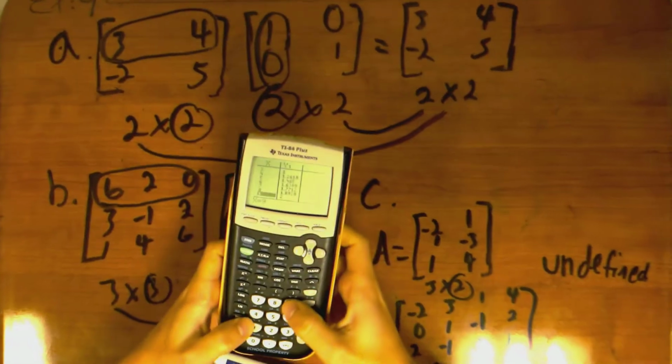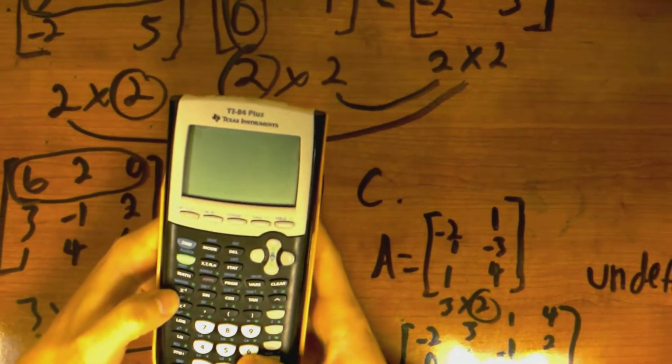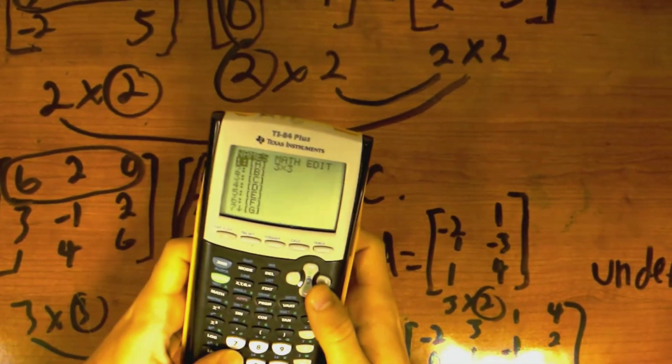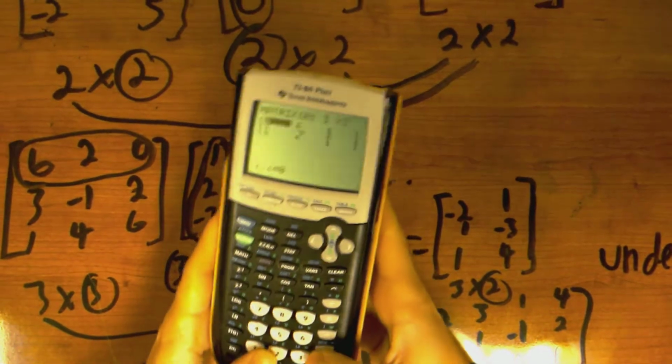So what you do is you turn it on, clear that out. Second, matrix, go to edit, enter, plug in the numbers.